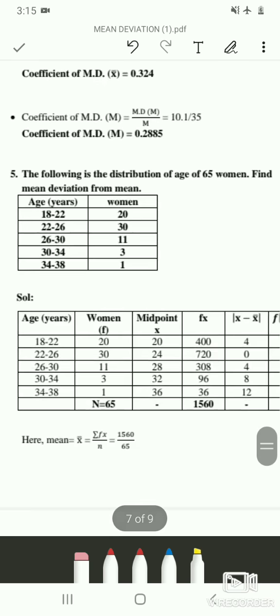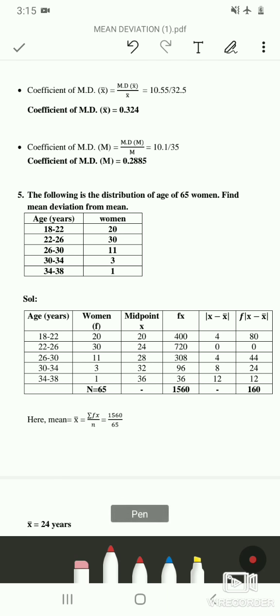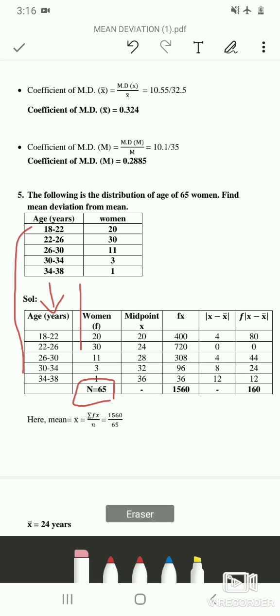Let's make a table. First write down the class intervals as given, then the frequencies, and add them to get the capital N. Here in the question itself they have mentioned the capital N value.